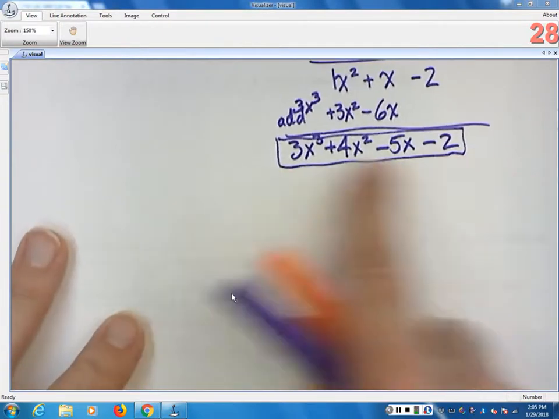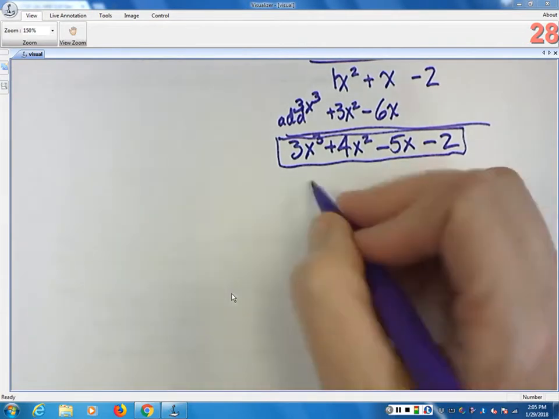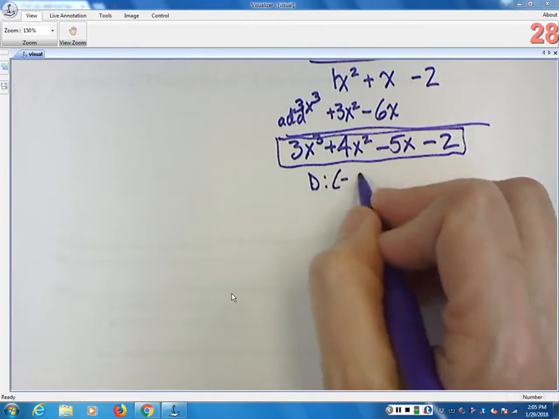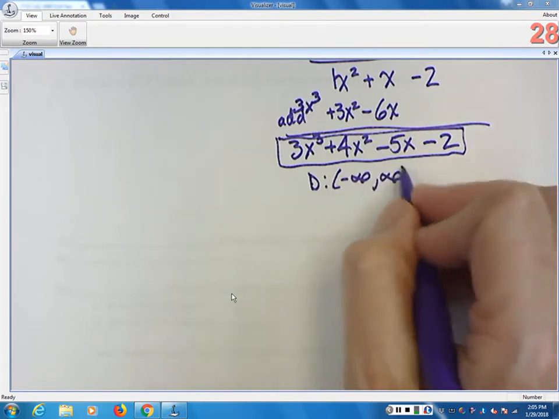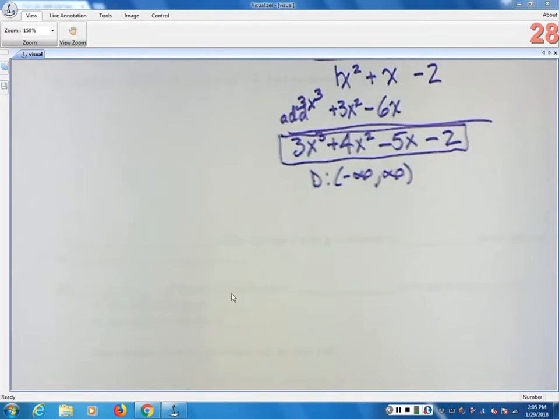And when we multiply, we don't have any x's in any denominators, so there's no restrictions. So the domain is minus infinity to infinity. Okay?